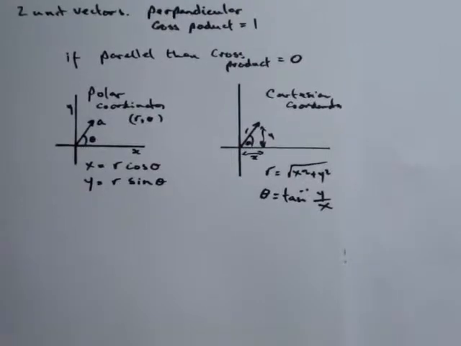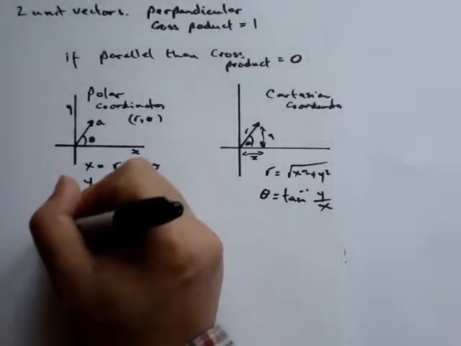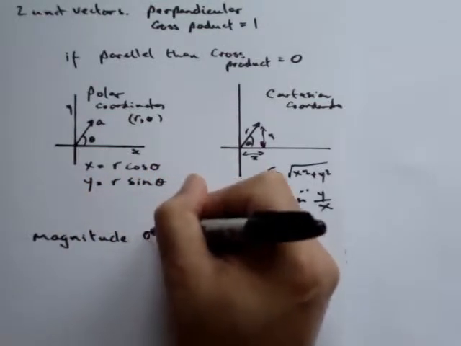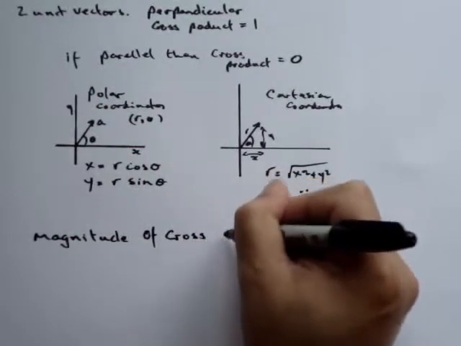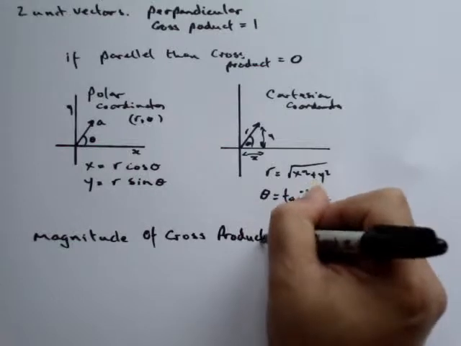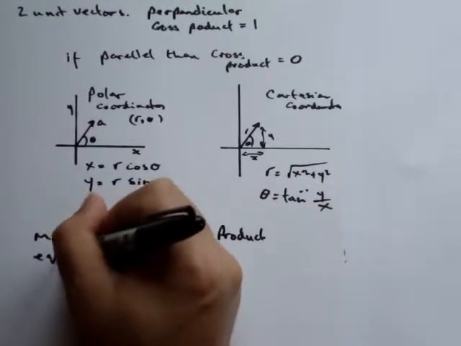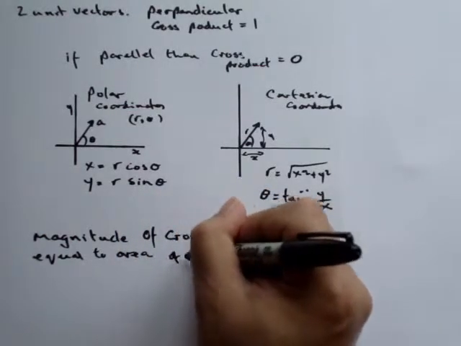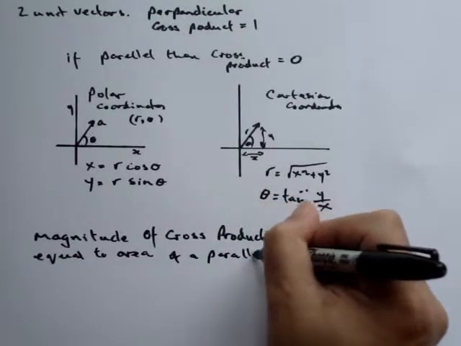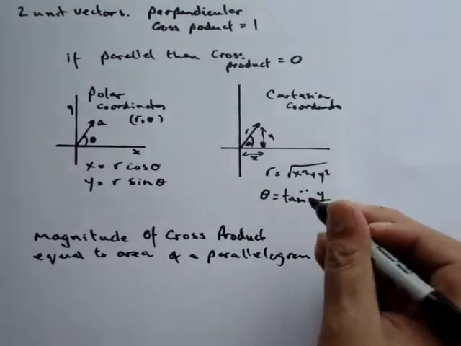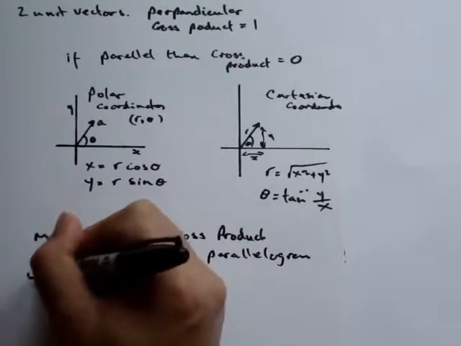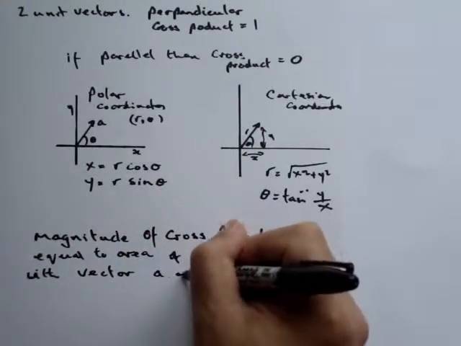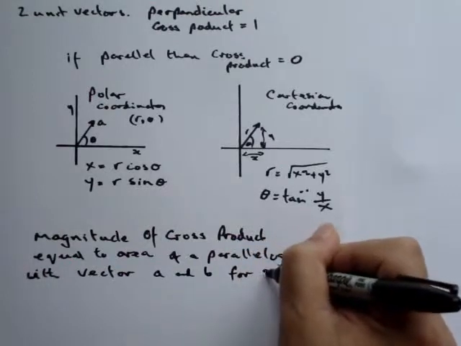Generally speaking, the magnitude of the cross product is equal to the area of a parallelogram with the vectors A and B for the sides.